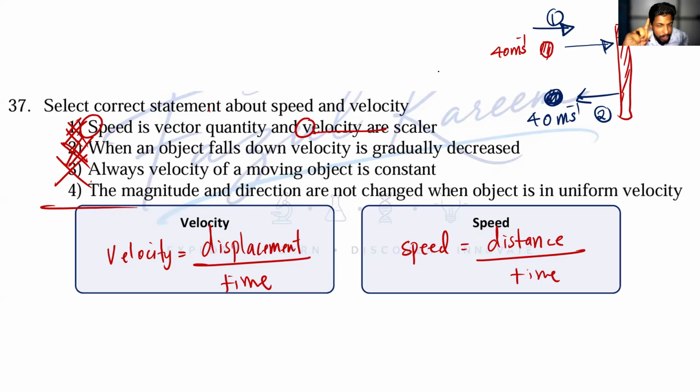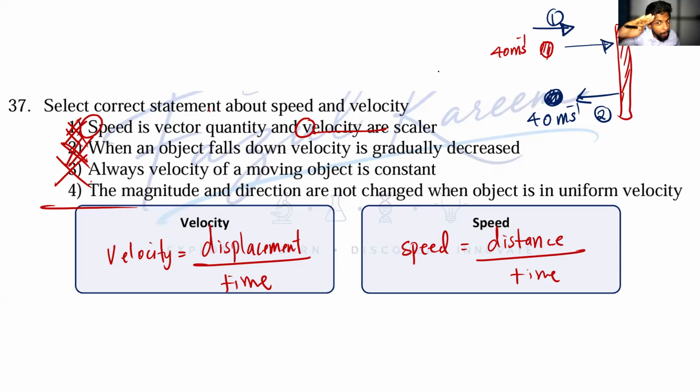Did you get the idea? When you are describing the velocity, you have to consider the magnitude and also the direction. So we can't say 40, 40, so both of them are the same.